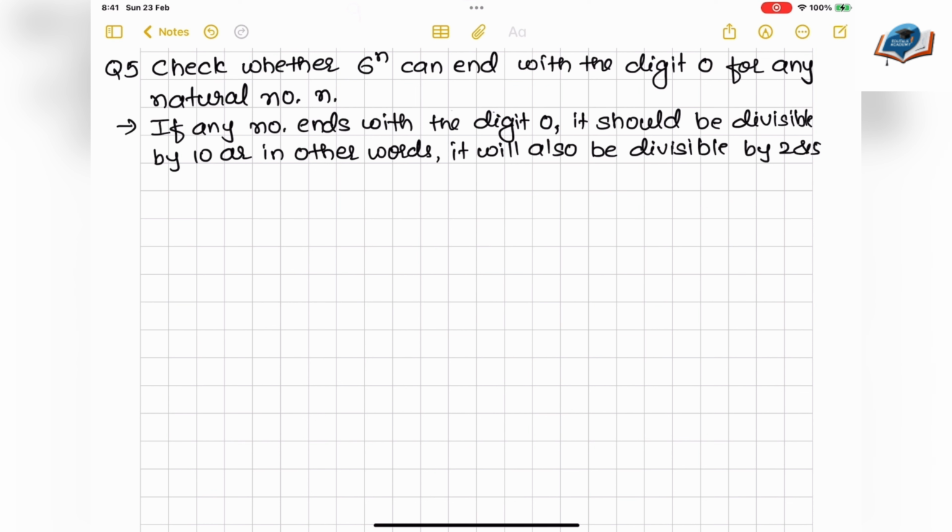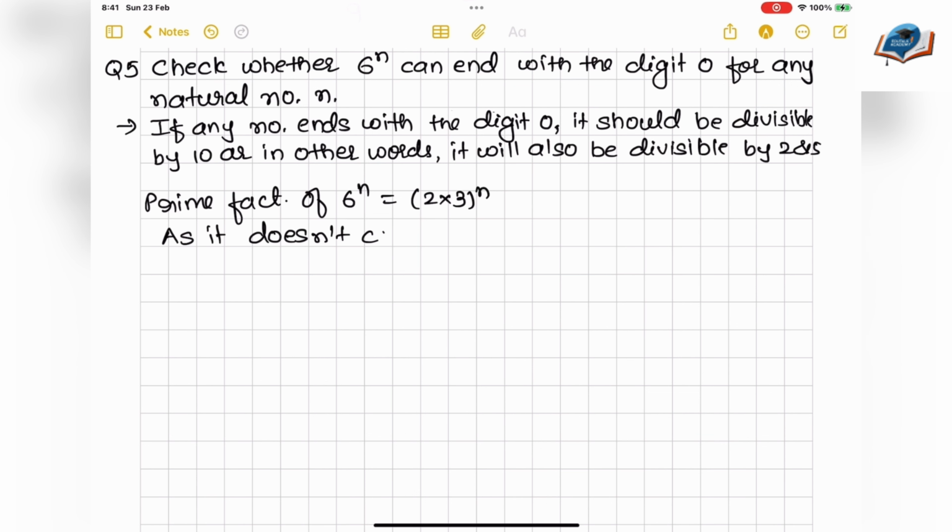So prime factorization of 6 raised to n will be (2 into 3) whole raised to n, as it doesn't contain 5.